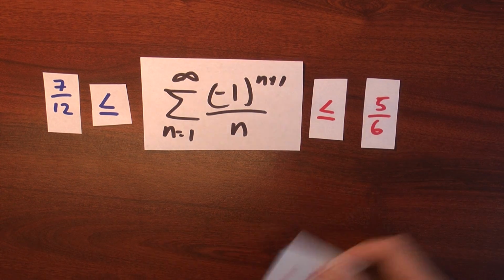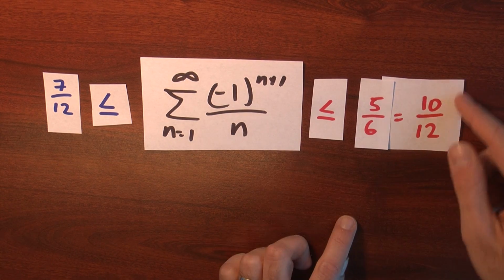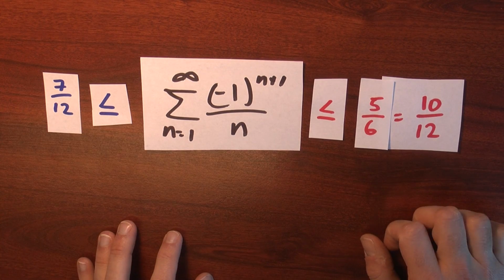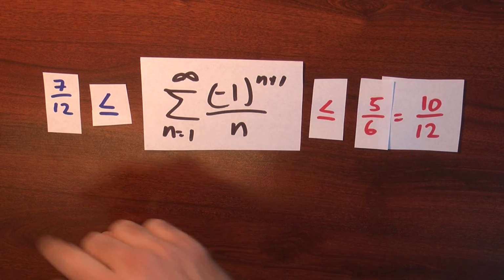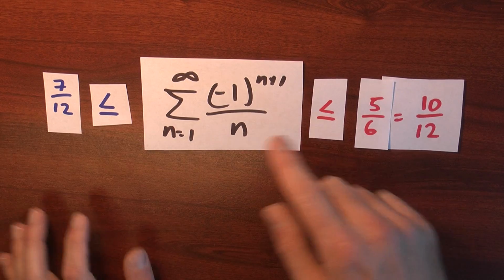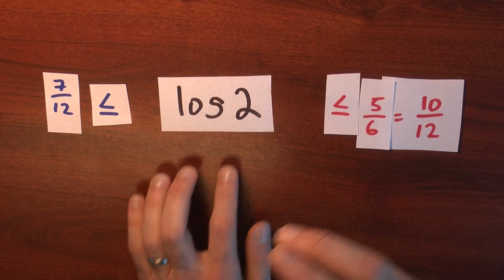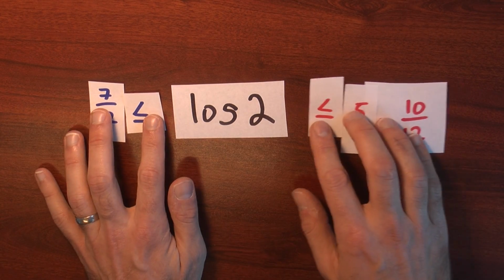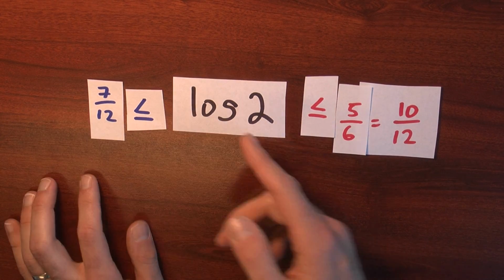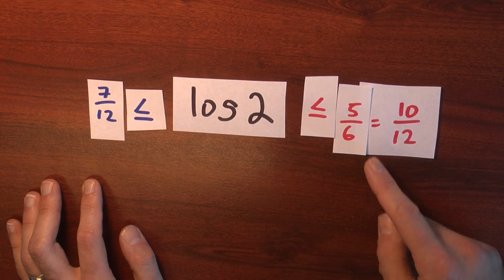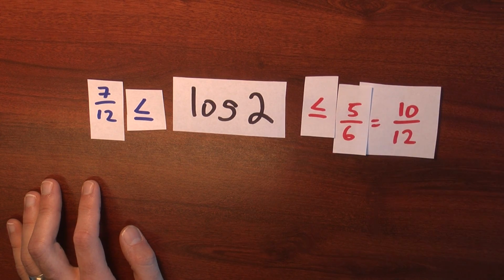Let me rewrite 5/6 as 10/12, which makes it a little bit clearer. Now, it turns out that this series' value is actually log 2. So what I've done here is show that log 2 is between 7/12 and 10/12.